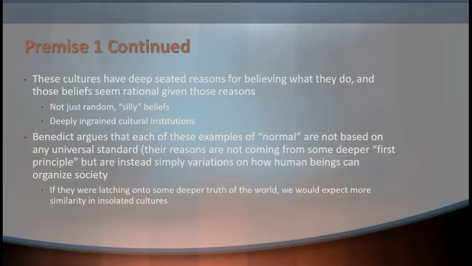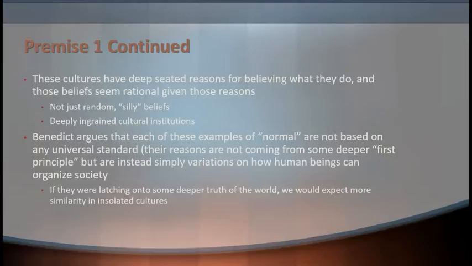And Benedict goes on to point this out quite a bit. If their reasons were coming from this sort of neutral, deeper first principle, an idea that serves as the basis of all the others, then you would expect a lot more consistency. A lot of cultures end up having consistent ideas about, say, gravity or physical objects because they're coming from neutral ground. They're coming from widely available, universal things that everybody has access to, like the observations of the objects around us.